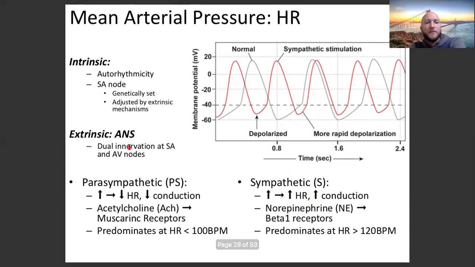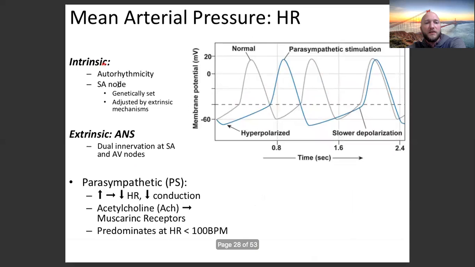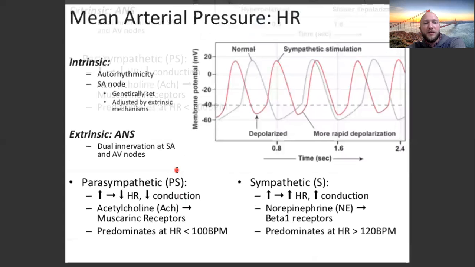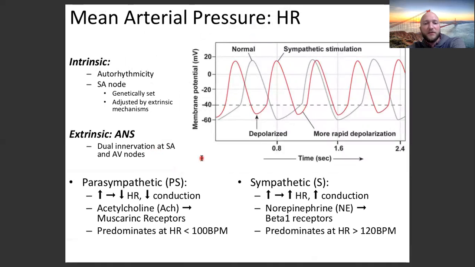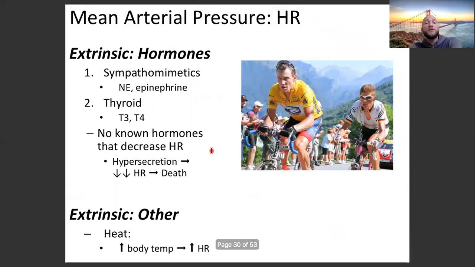So intrinsic, autorhythmicity; extrinsic, parasympathetic and sympathetic nervous system. And there are also hormones that are extrinsic controls. Sympathomimetics are your neurohormones from your sympathetic nervous system, norepinephrine and epinephrine.